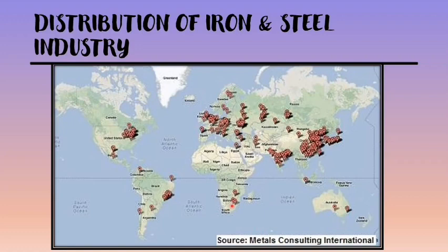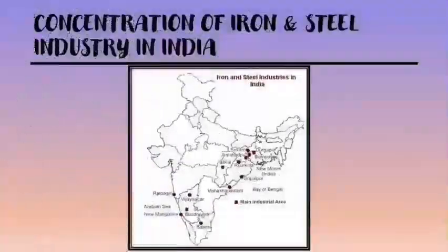Russia and China also have a huge number of iron and steel industries. Apart from that, Brazil, Venezuela, South Africa and Japan are other iron and steel producing countries in the world.